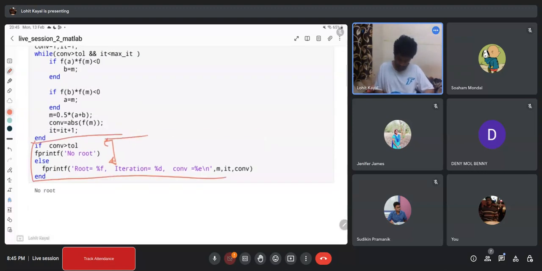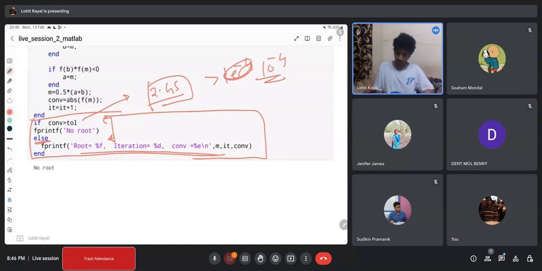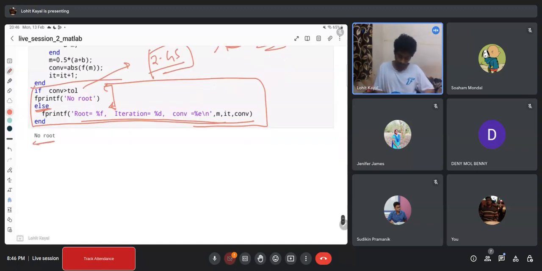If conv is greater than tol, that means, for example, if it is 2.45 but I want my error to be 1e minus 4, that is 10 to the power minus 4, then this is not the correct root. So I am using that condition: if conv is greater than tol, then fprintf no root, otherwise fprintf that thing. So it will just print no root.